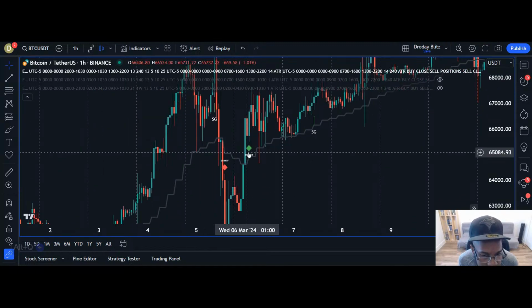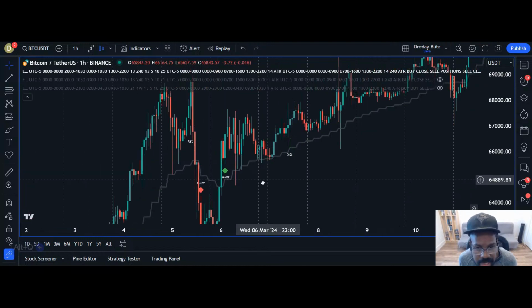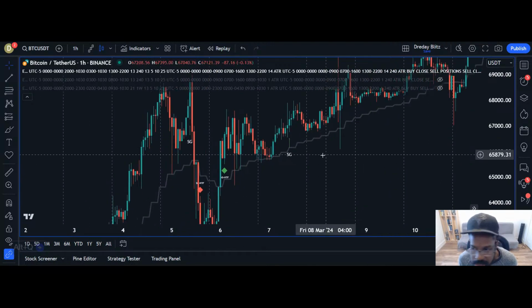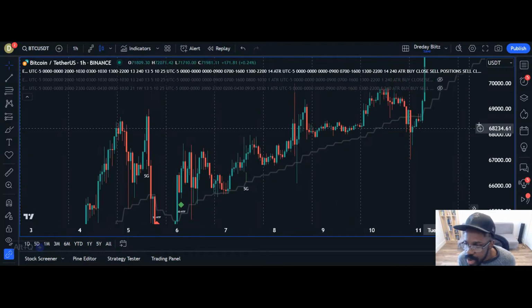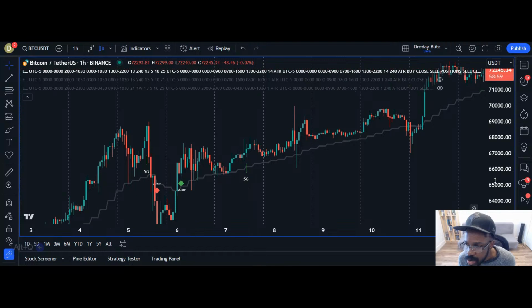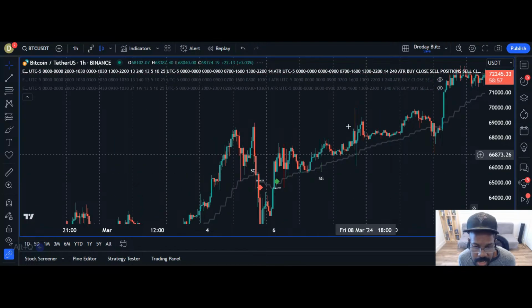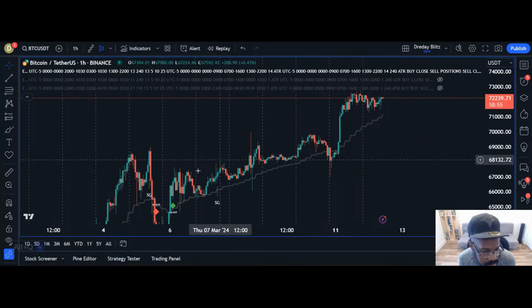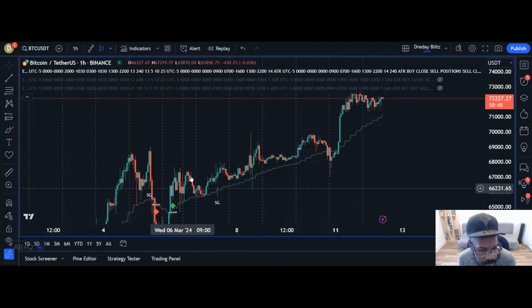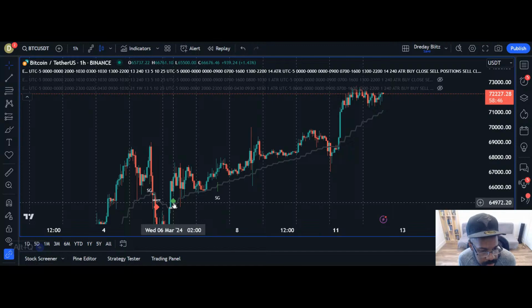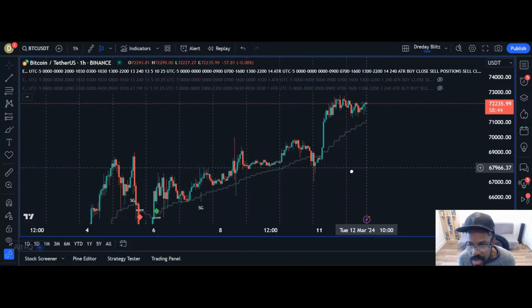And as you can see, it switched green here on Wednesday, the 6th. Okay. On the 6th, you would have known that the market would have gone up, and you would be in that trade if you're holding Bitcoin from this point, the 6th, until now.